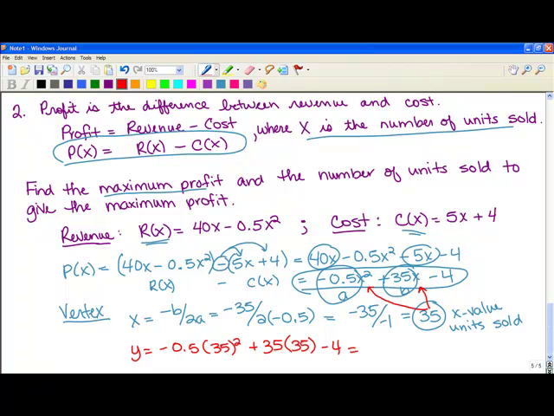Doing this calculation in the calculator, we can type it all in. I'll leave that up to you. And the answer should be 608.5. So this value will be the actual profit, and it would of course be in dollars.